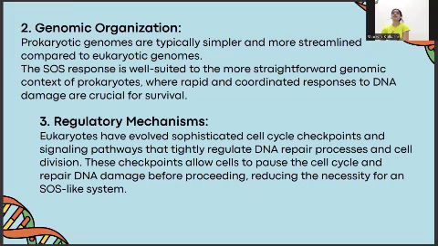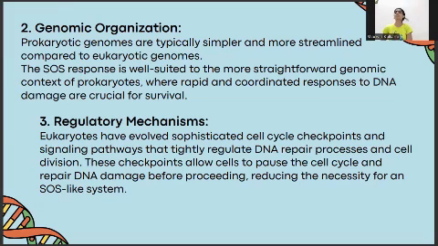Third point will be highlighting regulatory mechanisms. Eukaryotes have evolved sophisticated cell cycles, checkpoints, and signaling pathways that tightly regulate the DNA repair process and cell division. We all know that eukaryotic organisms have correct signaling between their cell cycles and the associated pathways.